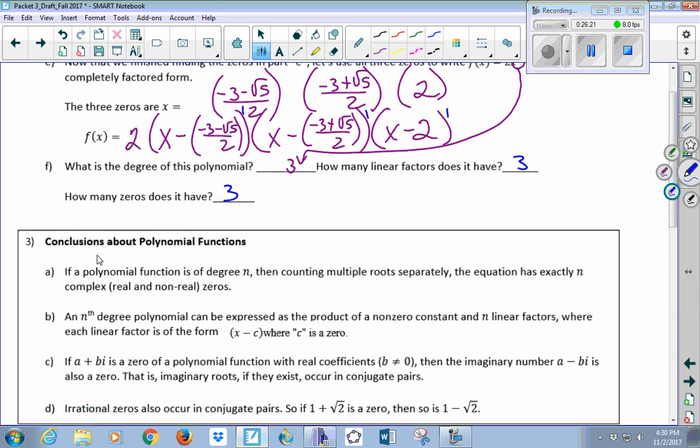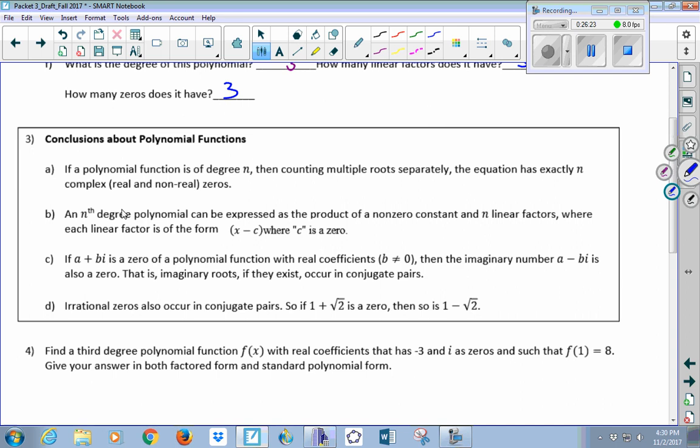So all of this can be summarized in the following box. This is something you want to take a little time to read and try to digest. Here are the conclusions about polynomial functions. If a polynomial function is of degree n, then counting multiple roots separately, the equation has exactly n complex zeros.